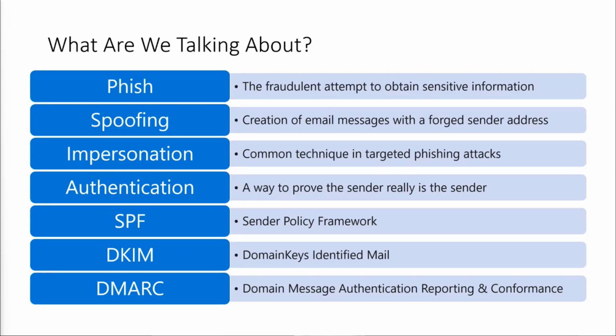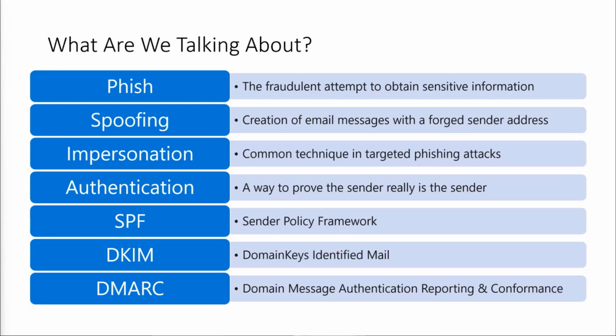It's the Sender Policy Framework and something called DomainKeys Identified Mail. And we have a technology called DMARC as well. I'll dive into all these technologies in detail later, so you get the idea of how they actually work and why it's important for us to have these in place to mitigate, especially, spoofing of our email domains.